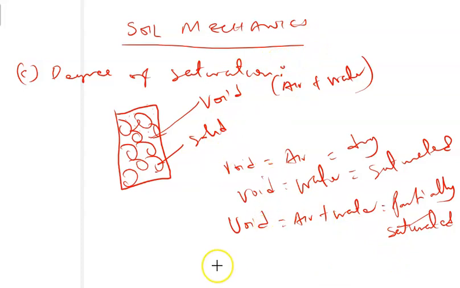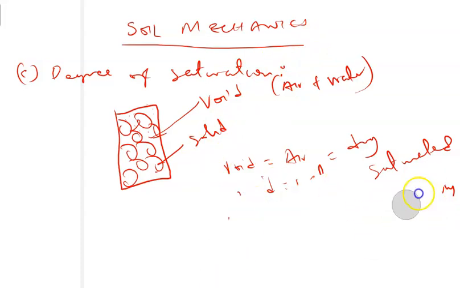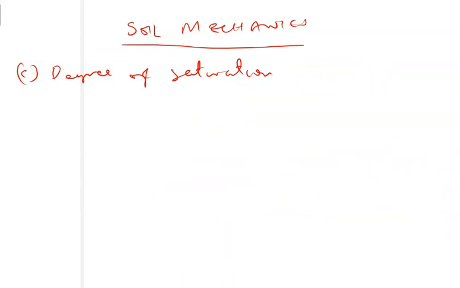Degree of saturation. Okay. So a degree of saturation is given by, we call it S script R, the volume of water over volume of voids.